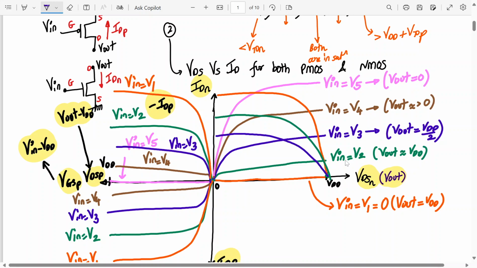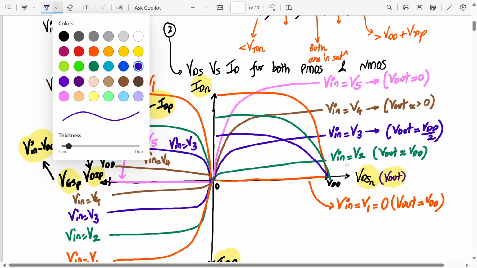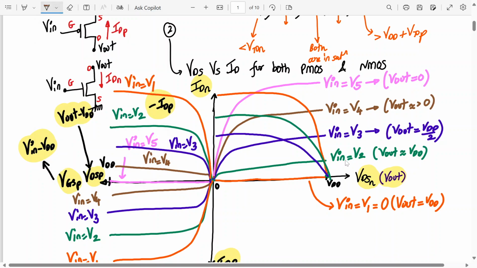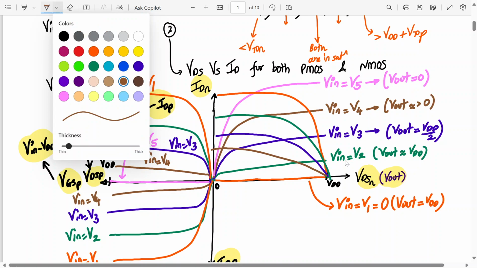Then again the green. No, blue has gone. Now the brown. Okay, and finally on the x-axis we will have the pink one.